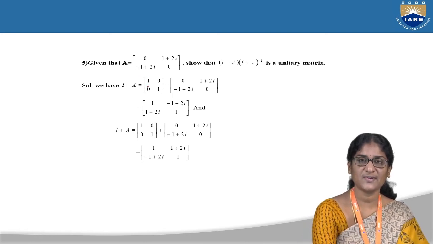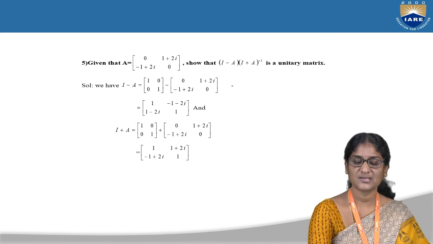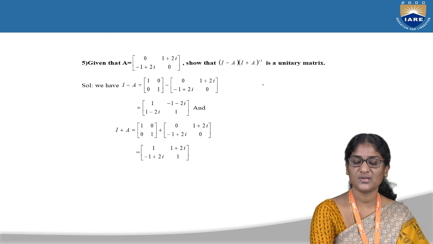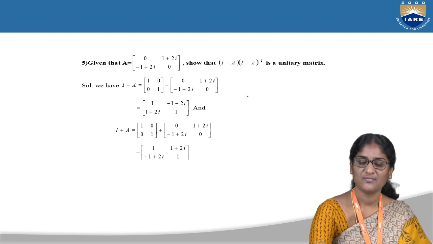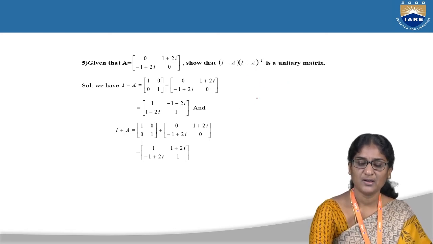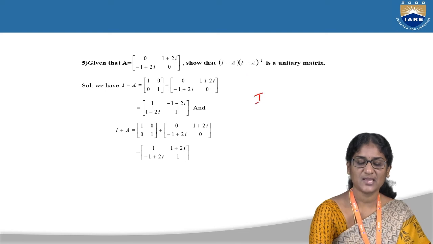A is given here, a square matrix. He is asking you to show that I minus A into (I plus A) whole inverse is unitary. For this, first we will do I minus A. What is I? I is nothing but the identity matrix.